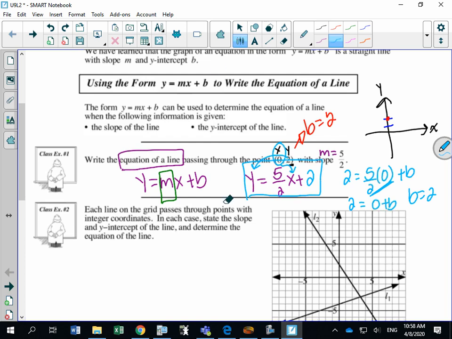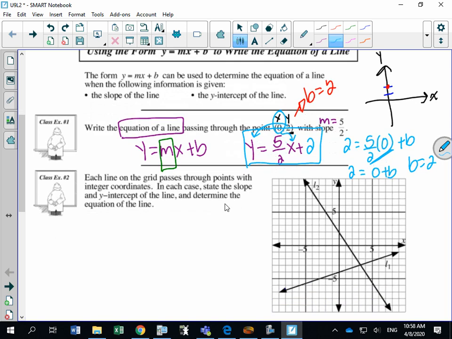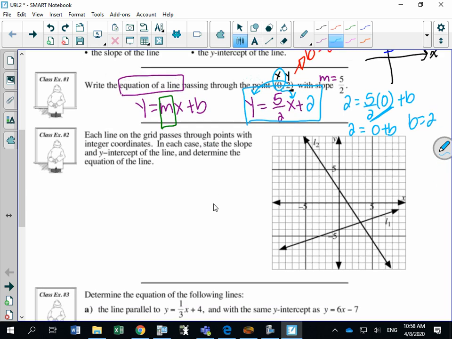Okay, let's go to class example number 2. Each line on the grid passes through points with integer coordinates. In each case, state the slope and y-intercept of the line, and determine the equation of the line. The equation of the line is y is equal to mx plus b. The first thing I'm going to figure out is, do I know what the y-intercept is?